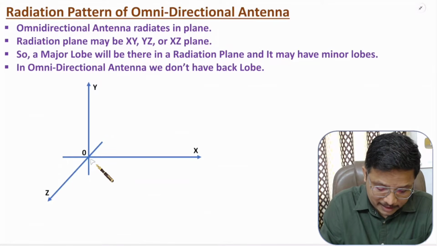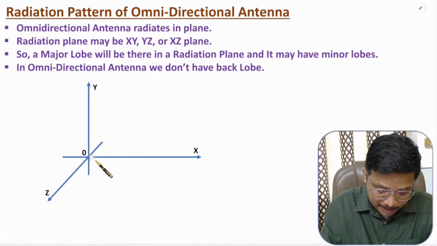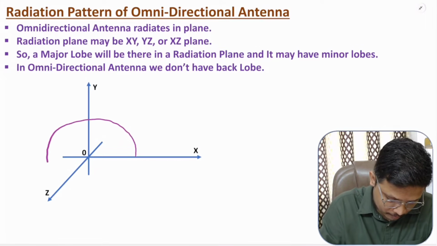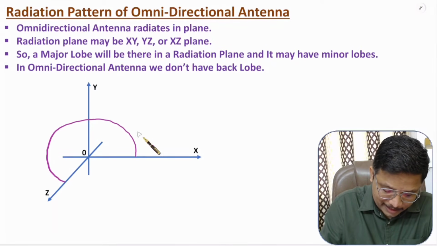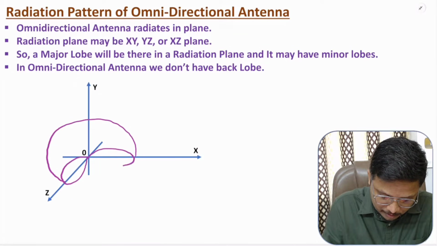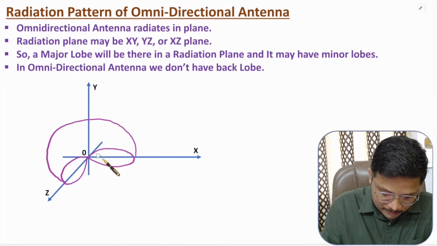If I say radiation is happening in the XZ plane, then it will be looking like this, you see. And to understand this radiation, let me take a cross section over here. So if you take a cross section, it will be appearing like this, you see. Right. So this is the cross section that we are taking.